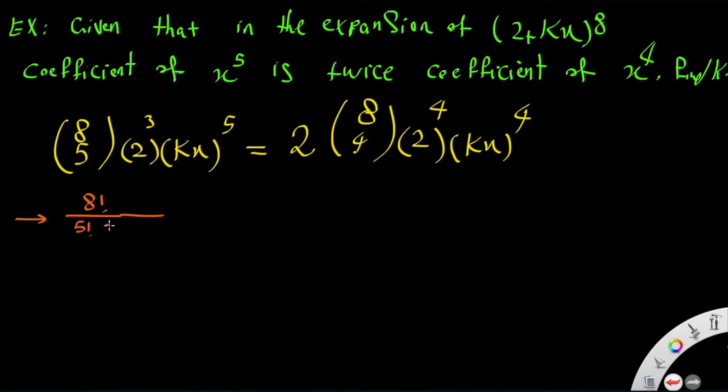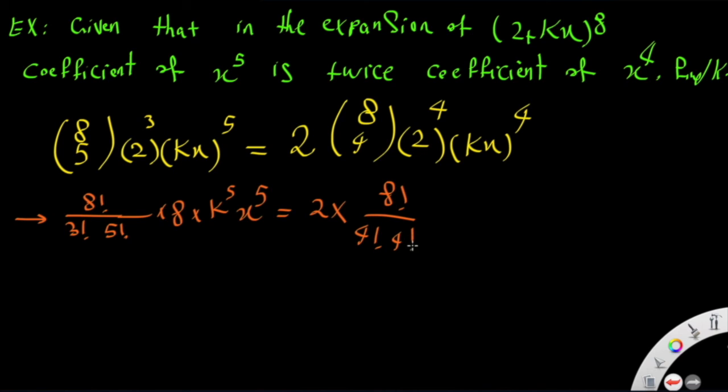So 8 factorial over (8 minus 5) factorial, 5 factorial, times 2 to the power of 3, times k to the power of 5, x to the power of 5 is equal to 2 times the combination of 8 and 4, which is 8 factorial over 4 factorial, 4 factorial, times 16, k to the power of 4, x to the power of 4.